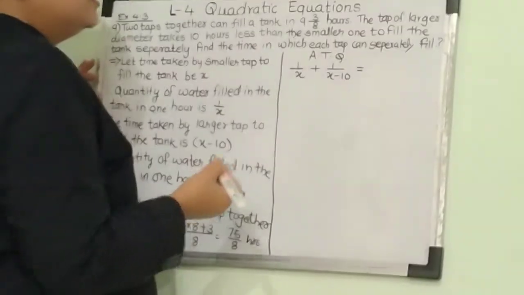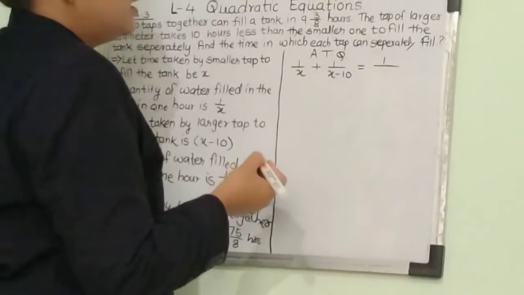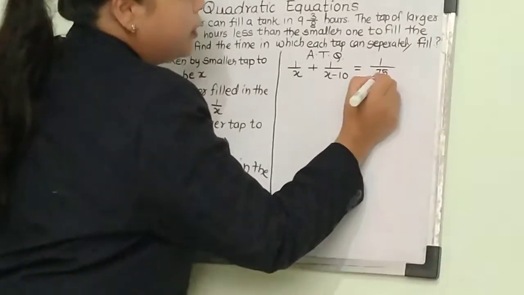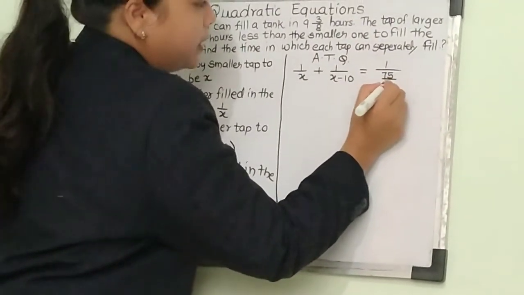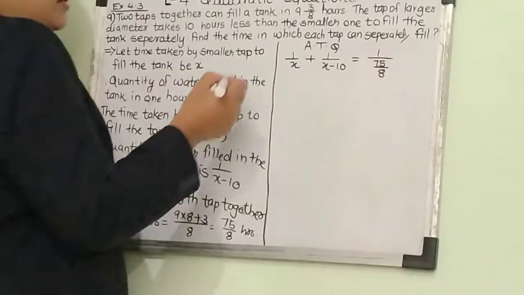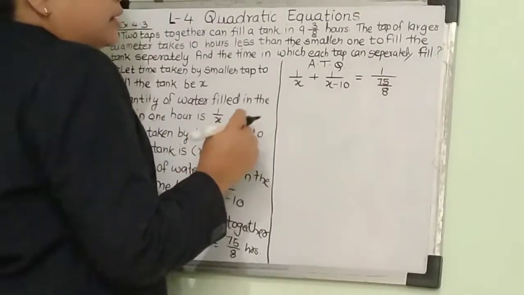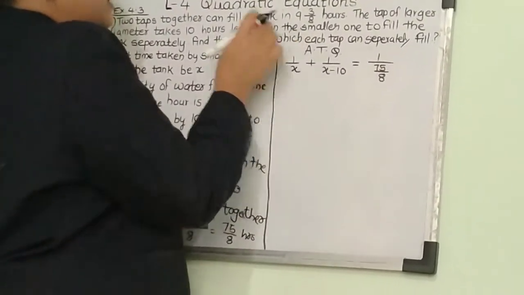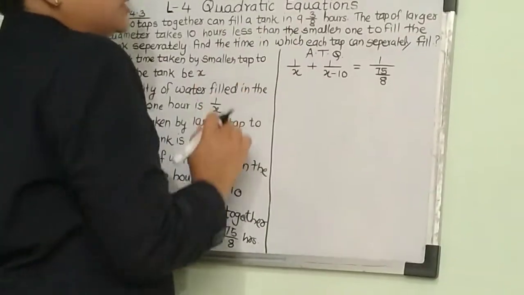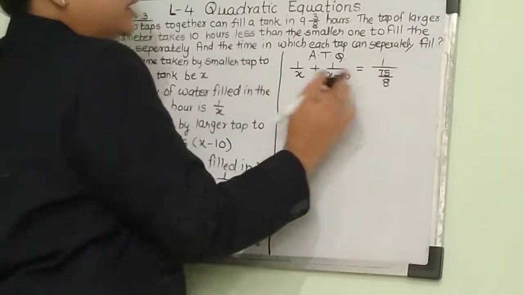All together we can say that 1 whole upon the time required for this, so 75 upon 8. Here we have been given that the taps together can fill in 9 whole 3 upon 8 hours, so we can take it like this only.